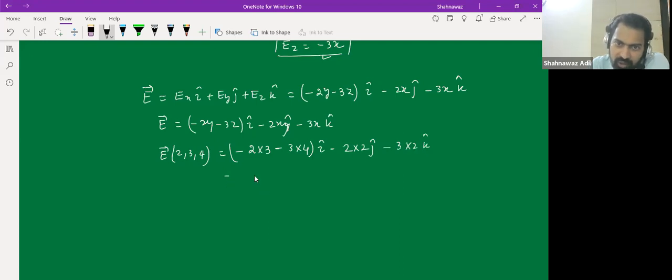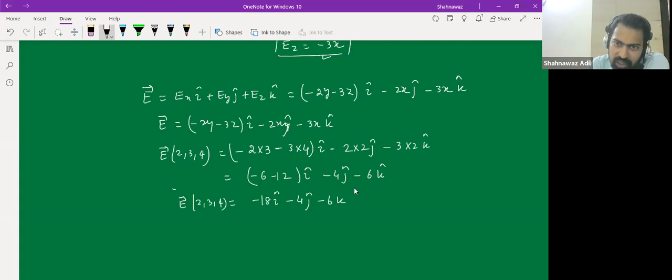This would be minus 6 minus 12 i, minus 4j, and minus 6k. So this is minus 18i, minus 4j, and minus 6k. So this is my electric field at that point.